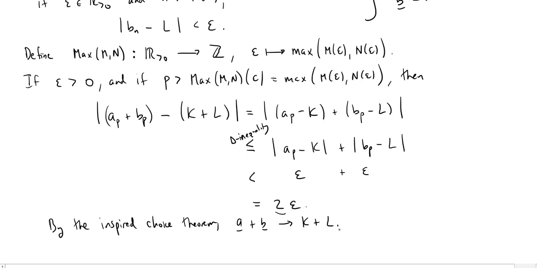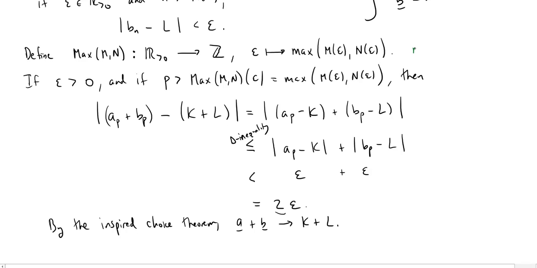Now, typically, in the textbooks, for example, they're not going to use this Inspired Choice Theorem. What they're going to do is go back in time and say, instead of choosing my epsilon to go to the max of m of epsilon and n of epsilon, let me replace m of epsilon with m of epsilon over 2. Okay, so I'll do this on the side here.